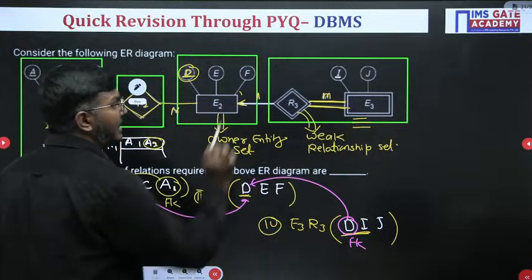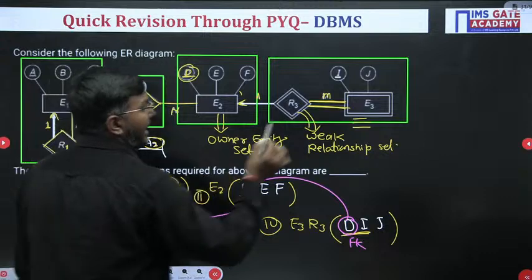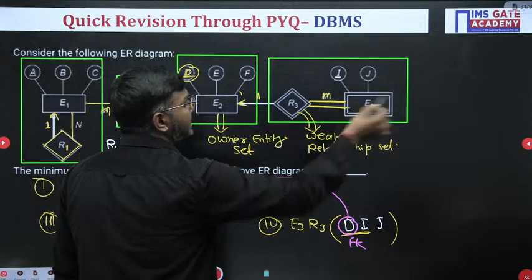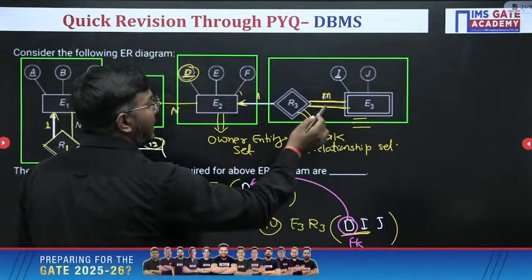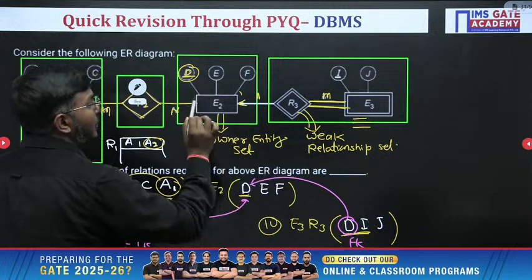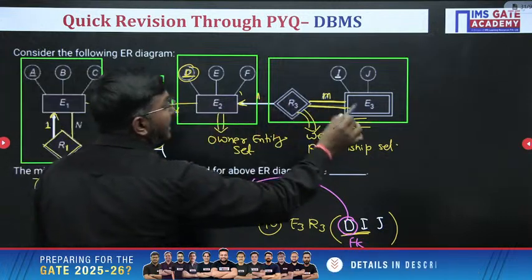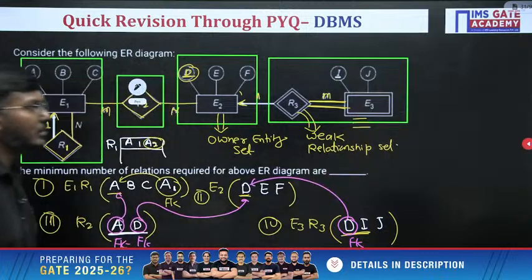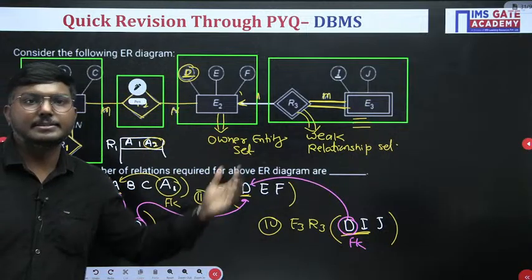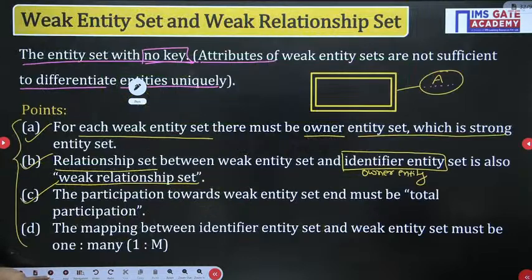So because of this, the mapping will be 1 to many, and the participation towards the weak entity set must be total. Getting my point? And there is a need for the owner entity set that will help these weak entity sets to define themselves strongly. Understood? This is the concept of weak entity sets. Fine. Done. All points clear now.